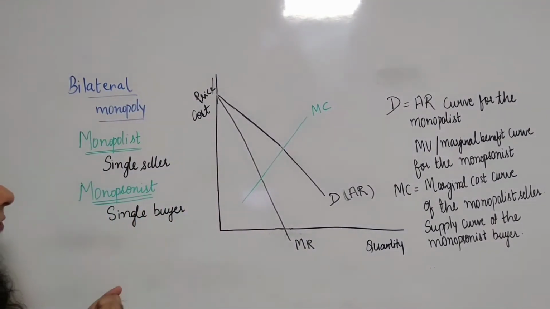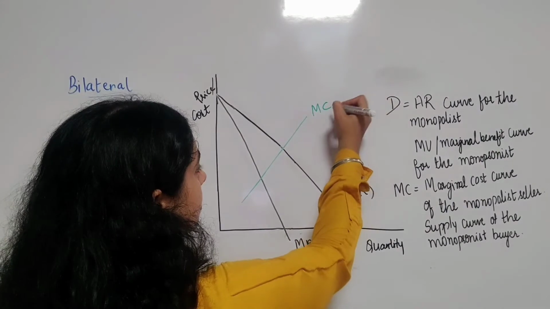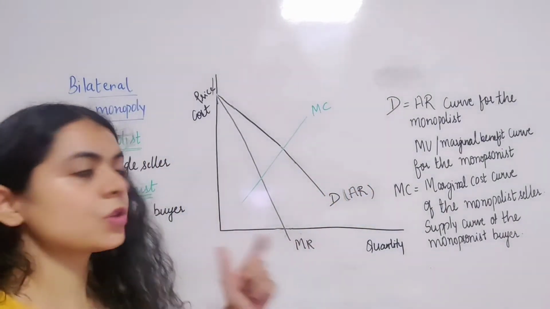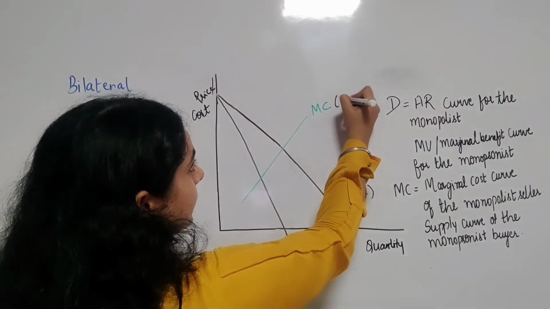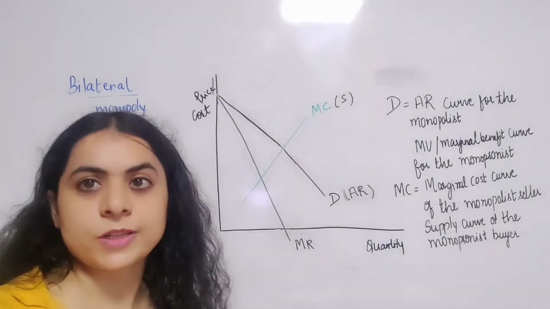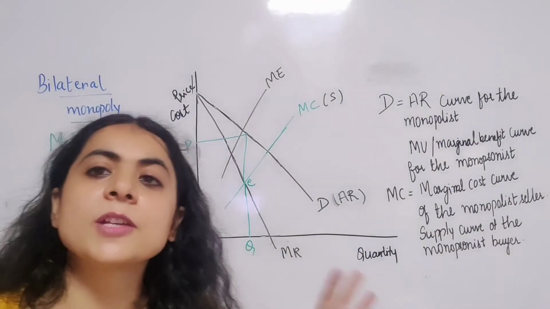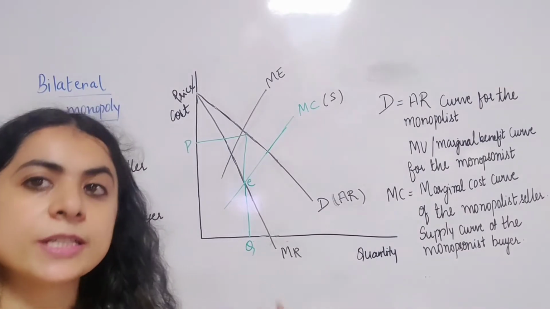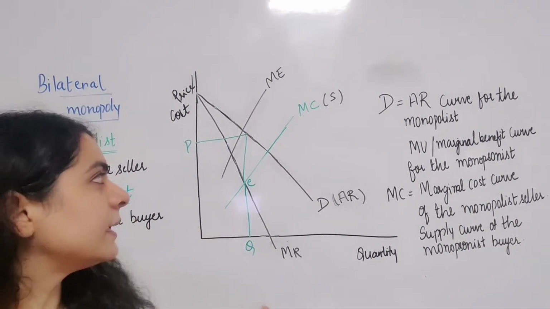And here, we can say that the marginal cost curve of the monopolist is the supply curve for the monopsonist.